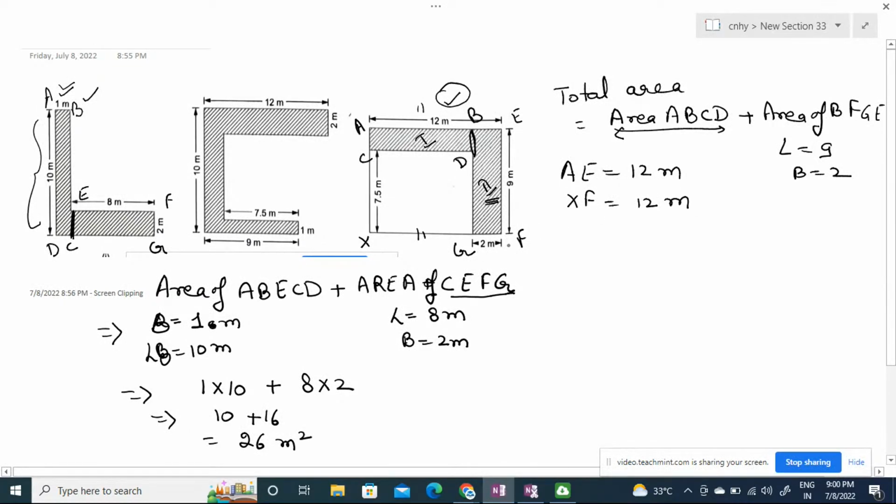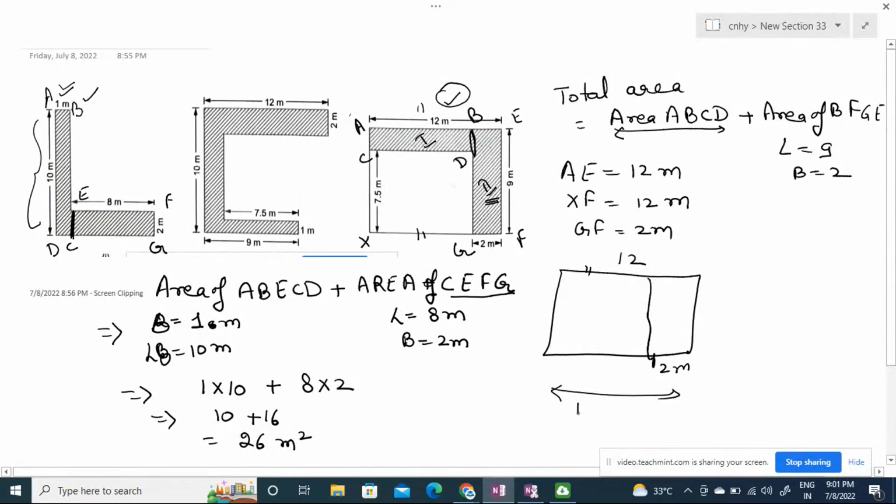Now, GF is 2 meter. You can see the picture like this. This is 12, and here it is cut at 2 meters. So this overall is also 12. So 2 is cut, so we are left with 10. So AB is 10.